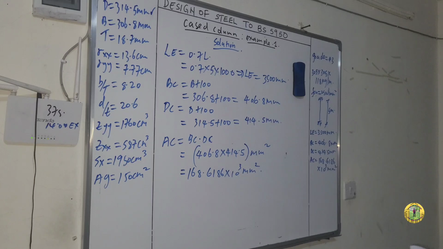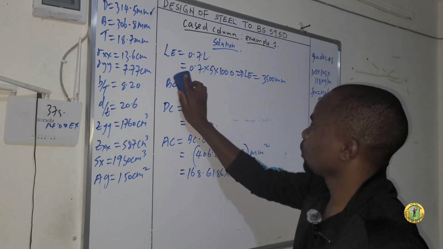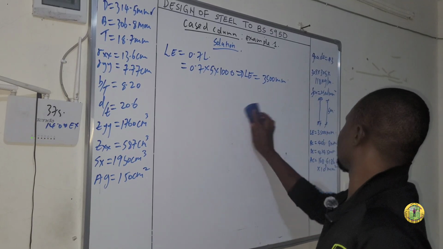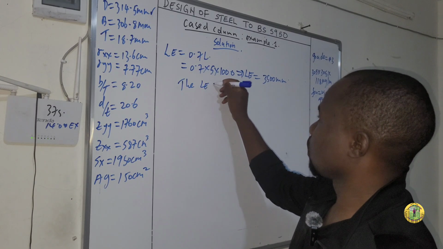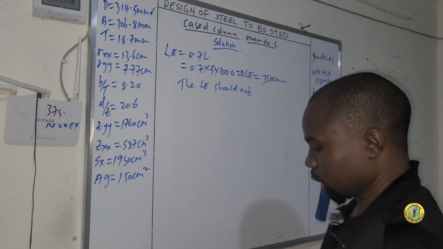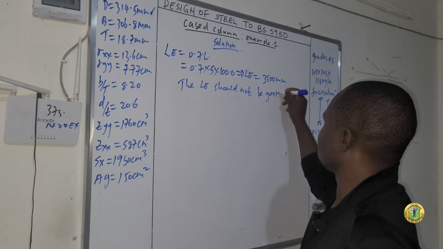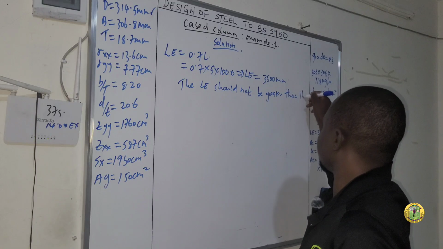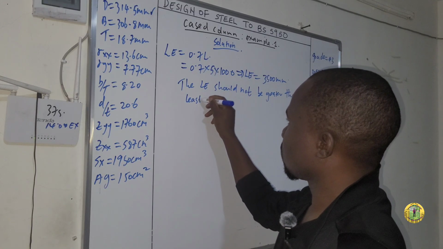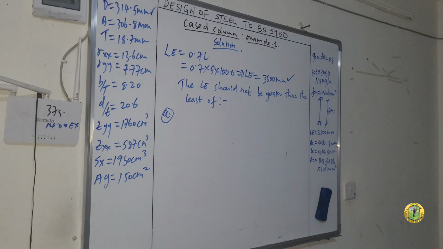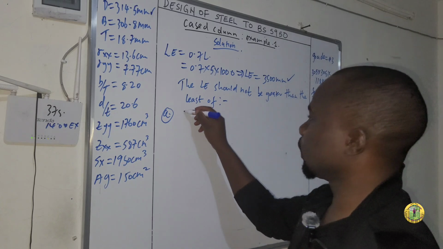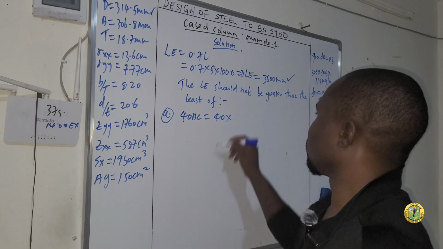We now proceed to this statement. The LE should not be greater than the least of, we begin with A. A is 40 BC, so this is 40 times BC.